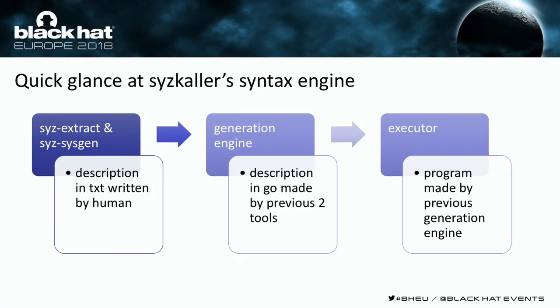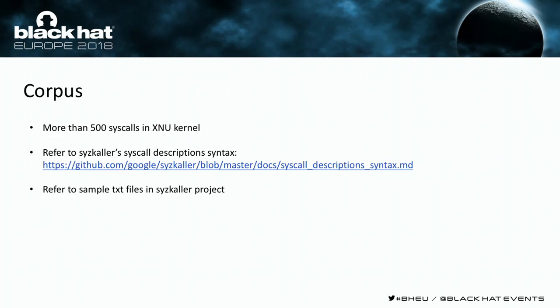And then the generation engine will generate the programs. Also, the mutation engine will mutate the programs. Then these programs will be delivered to the executor. The executor will execute these requests to fuzz the underlying kernel, XNU.